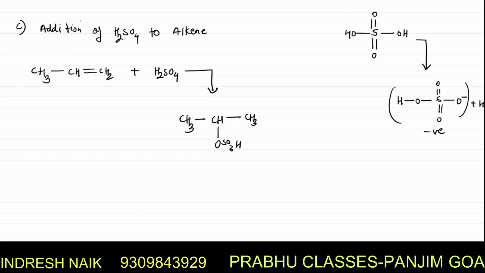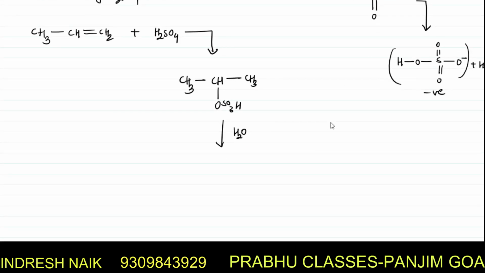And further, if you do the hydrolysis, that is, you add water, meaning breaking of some bonds, to form alcohol. So this is CH3, CH, OH, and this is SO3H.